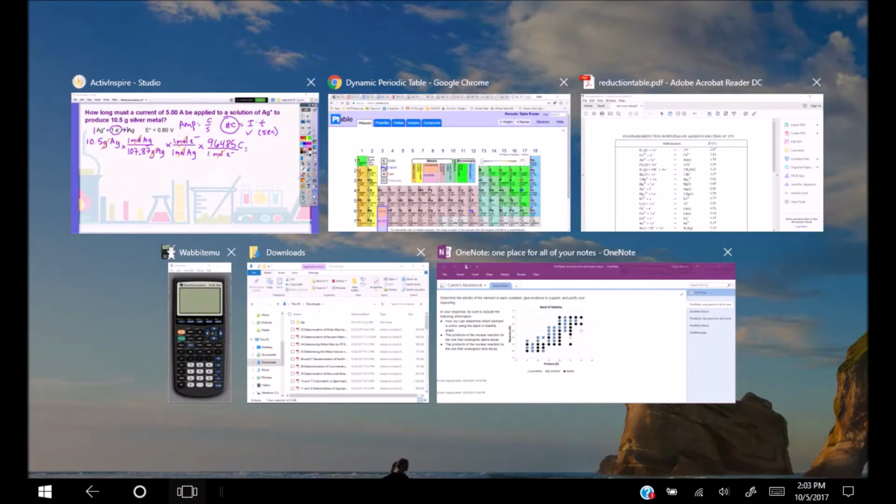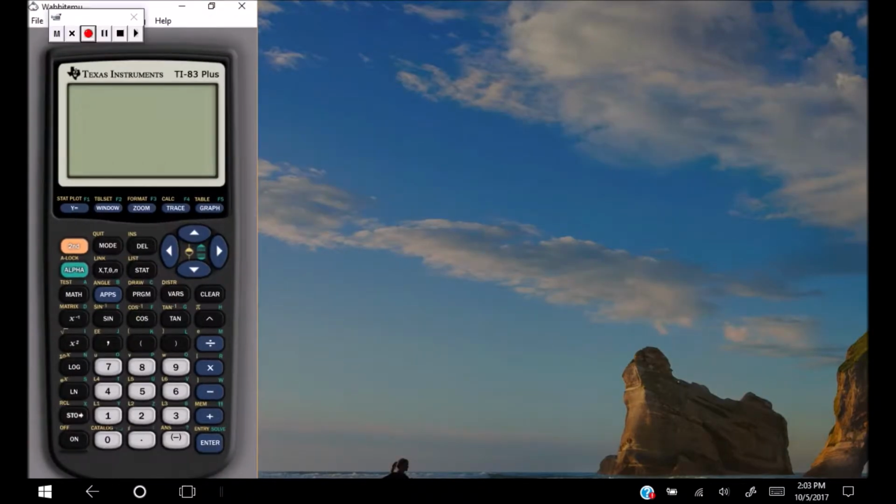So we've got our calculator here. Let's make sure it's on. 10.5 grams times the top of our fraction divided by the bottom of our fraction. I always put parentheses around it. So 107.87 is my molar mass times 1 over 1.